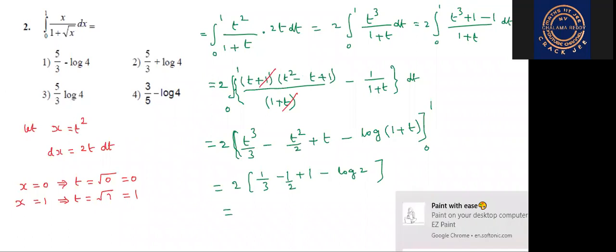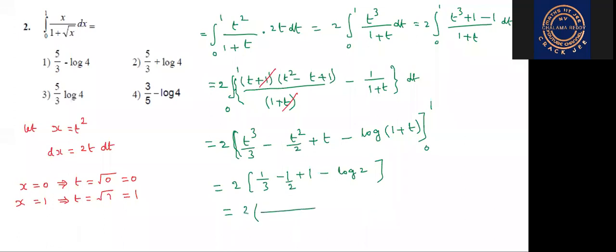Now take the LCM of the first 3 terms. 6 is the LCM. Here you will get 2 minus 3 plus 6 minus 2 log 2. 2 3s are cancelled. So overall we get 5 by 3.